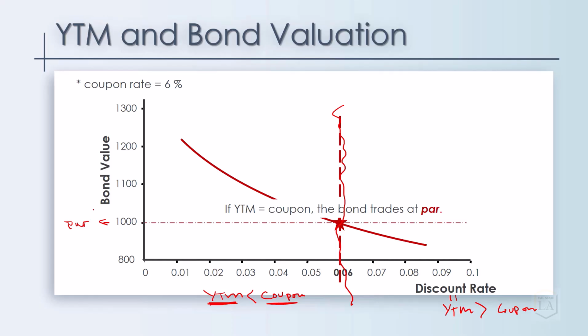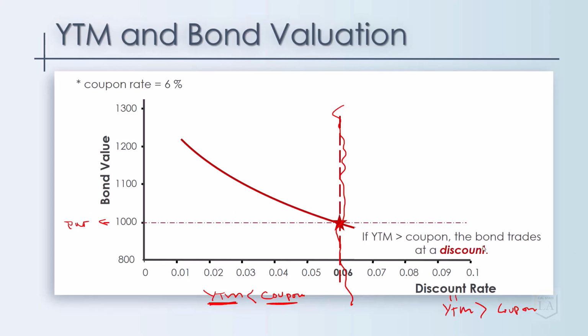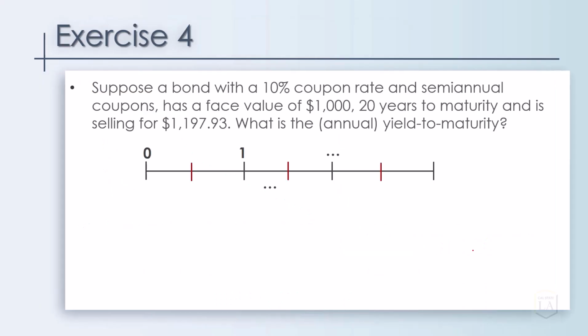In the last case, if yield to maturity was higher than the coupon, so the payment from this particular bond was smaller than the comparables payment, then there is less demand for it, so the bond will trade at a discount. So let's take a look at an actual exercise where you are asked to compute the yield to maturity.